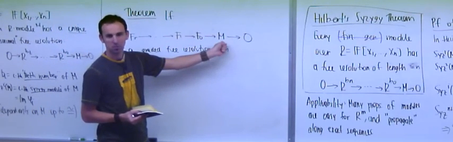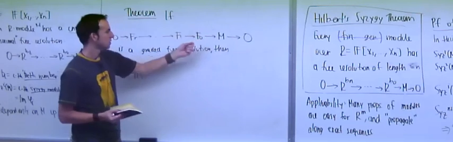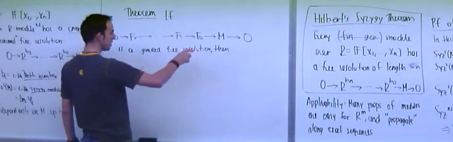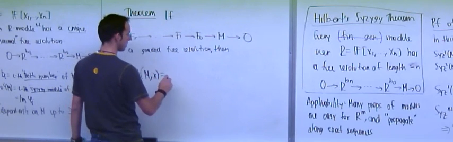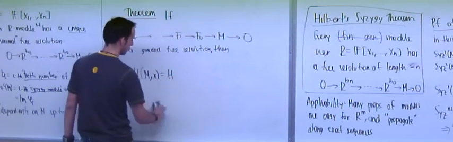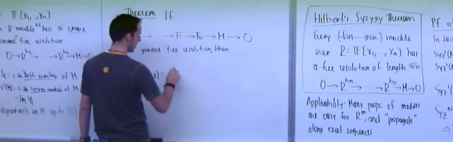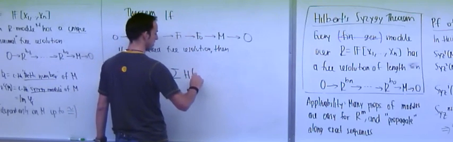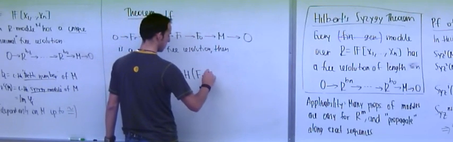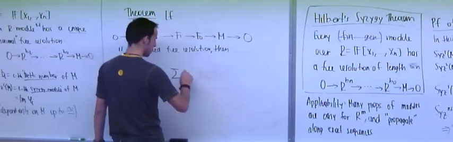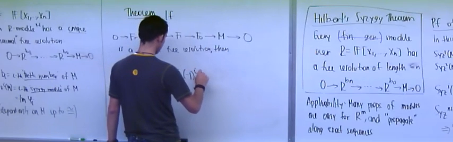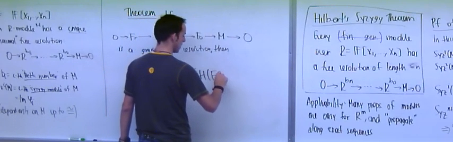And this is one of these properties that I'm telling you. This immediately allows me to compute the Hilbert series of this guy to be the alternating sum of the Hilbert series of these guys. Alternating, so that means I need a sign: minus 1 to the i, Hilbert of Fi.